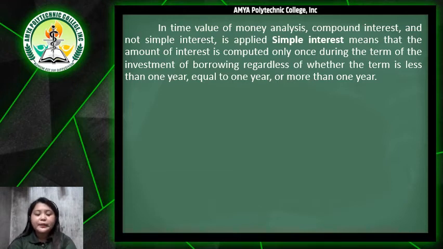When you say simple interest, this means that the amount of interest is computed only once during the term of the investment or borrowing, regardless of whether the term is less than 1 year, equal to 1 year, or more than 1 year.